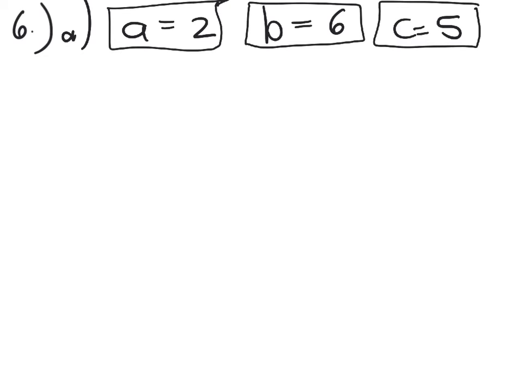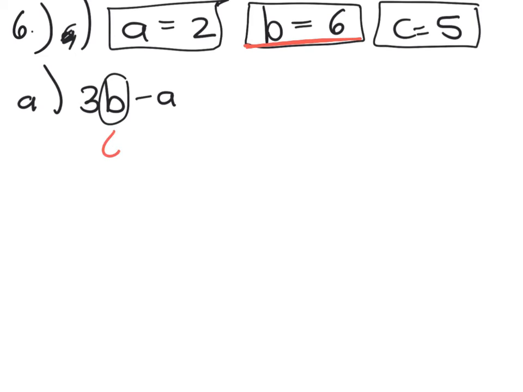The substitutes that you're going to put into A, B, or C's place. And now all I do, let's just start with A here. So now I have 3B minus A. I'm going to change that B and now make it 6 because B is 6.